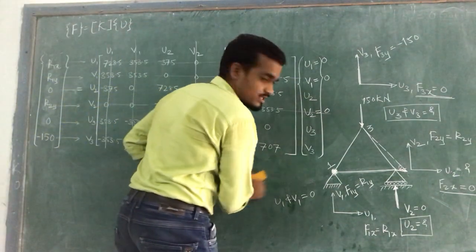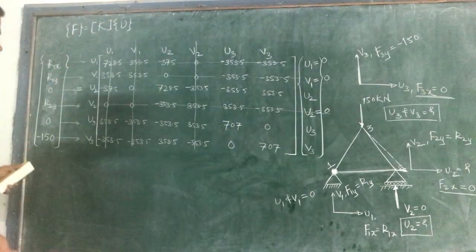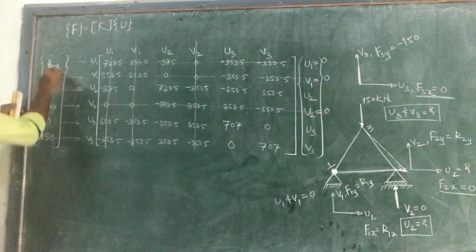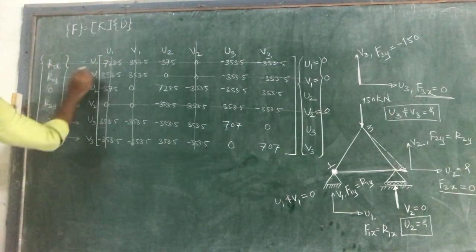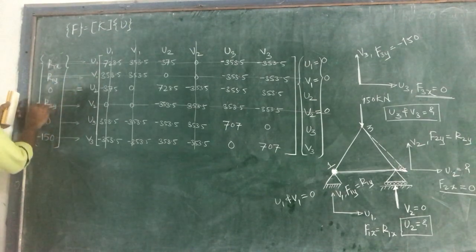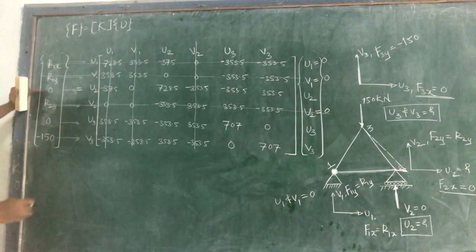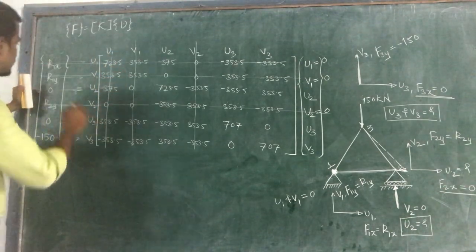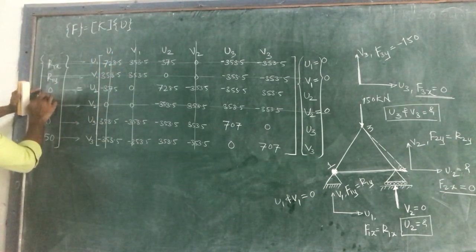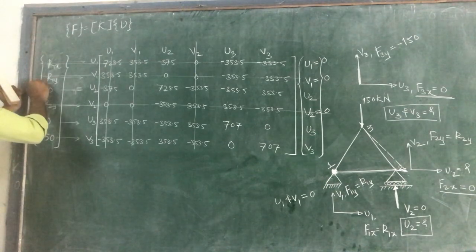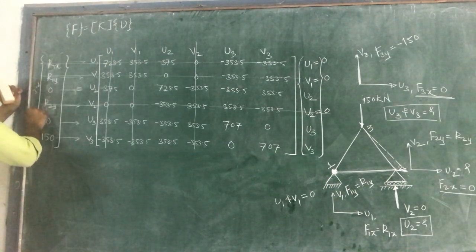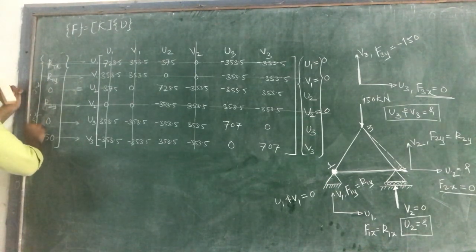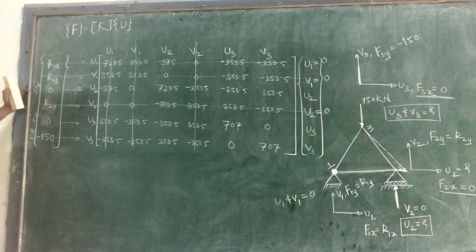So remaining equations are what? This is eliminated, this is eliminated, and this is eliminated. So here we will write: this third equation is remaining. Similarly, this fifth equation is remaining, and similarly this sixth equation is remaining. So write down these equations.